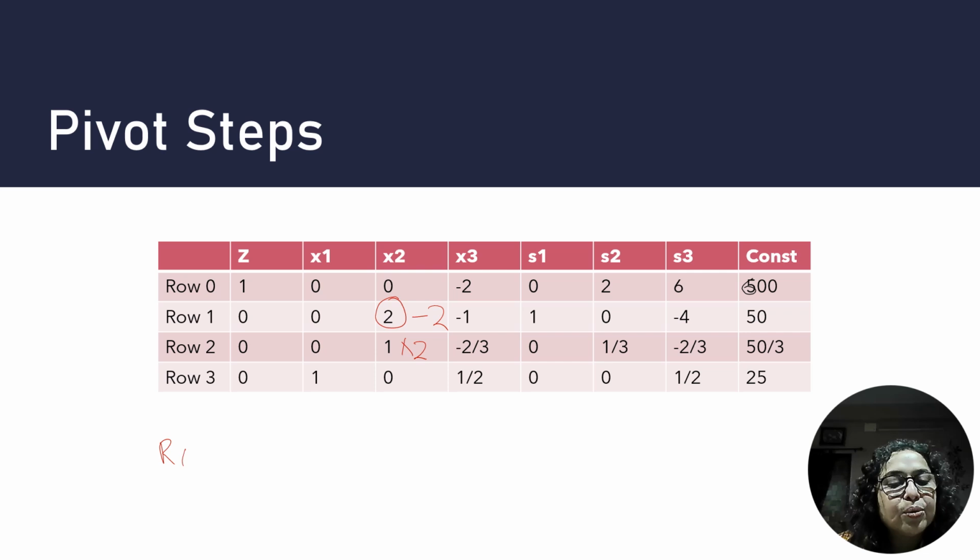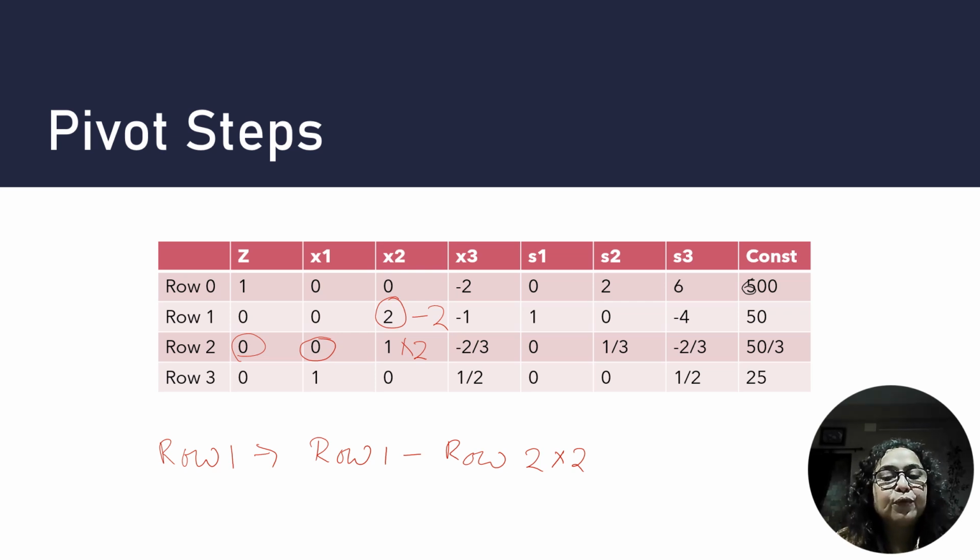So my new row 1 will be row 1 minus row 2 into 2. For these two, since they are 0, there is no change. But for here, I have already made the change, so this is 0. Here I'm going to multiply this with 2 and deduct this from here.